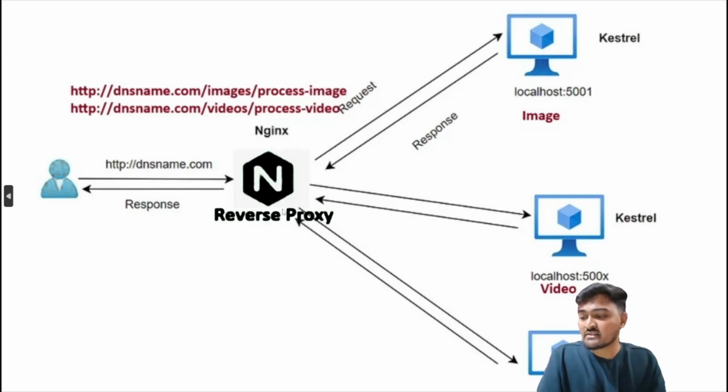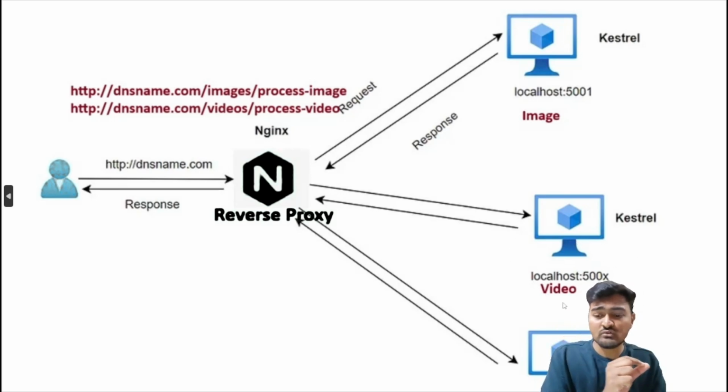It comes to Nginx, and Nginx decides where it should go. As it has images in its URL, it will redirect your request to the image server, which is on your localhost port 5001, and a URL with videos will redirect to a different service.